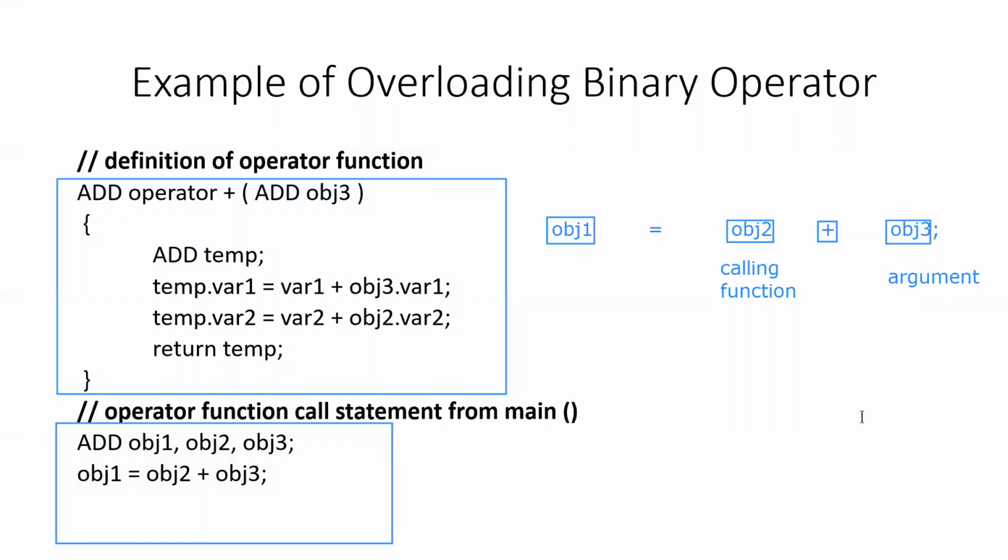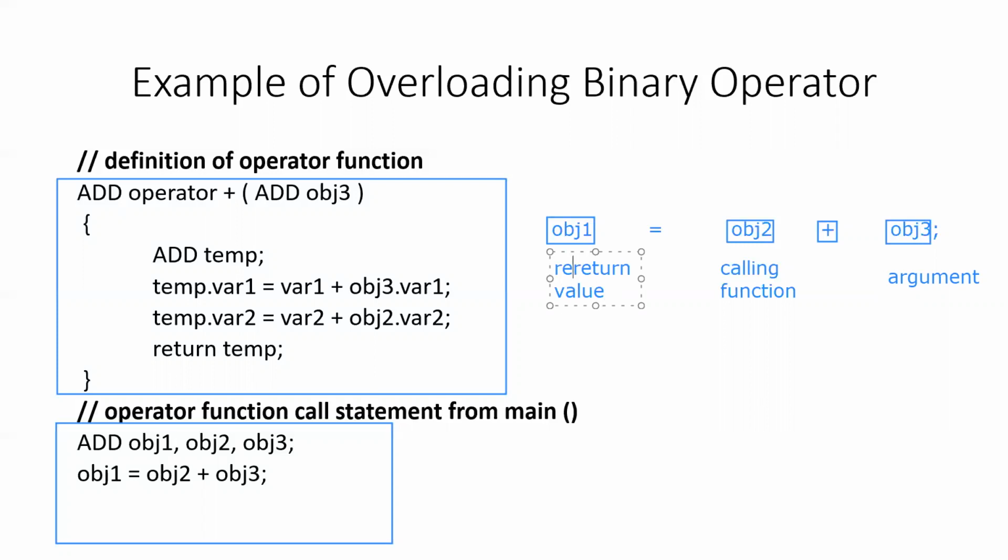So once this operator function gets executed, whatever value is returned by the operator function, which object will receive that value? Object 1, which is on the left hand side of the assignment operator, will receive the return value.